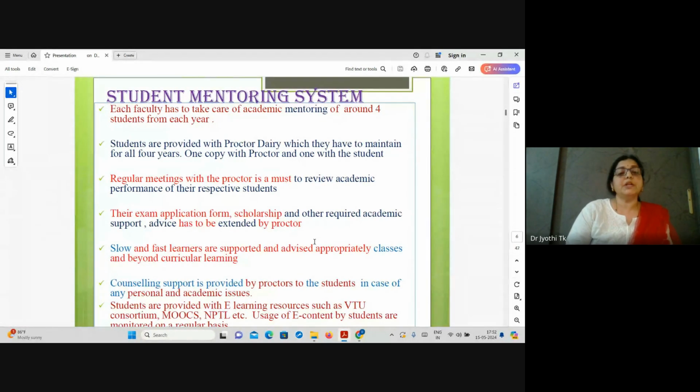Their exam application forms, scholarships, and other required academic support and advice have to be extended by the proctor. Slow and fast learners are supported and advised appropriately, in classes and beyond curricular learning. Counseling support is provided, and students are provided with e-learning resources; usage of e-content by the students is monitored on a regular basis, well supported by our librarian.